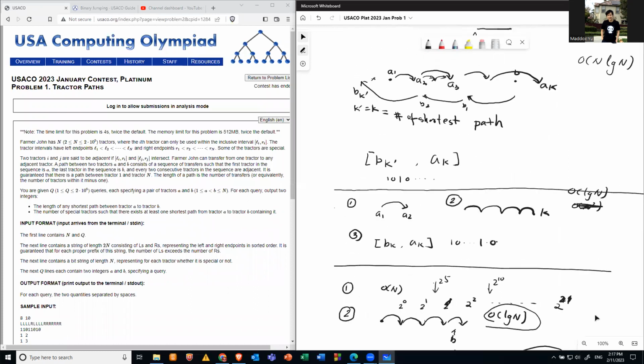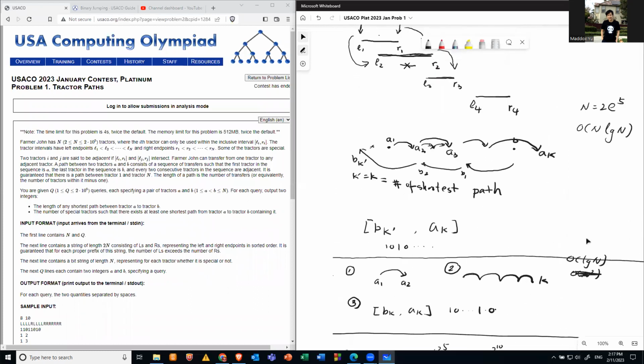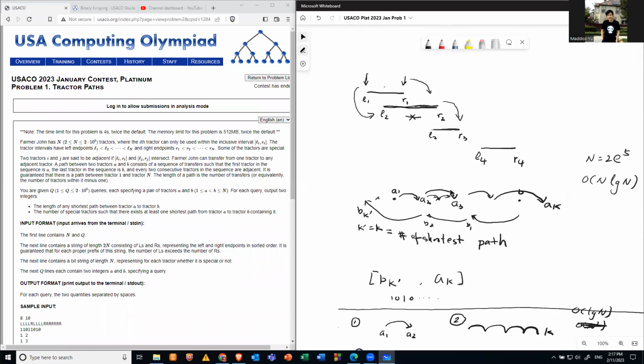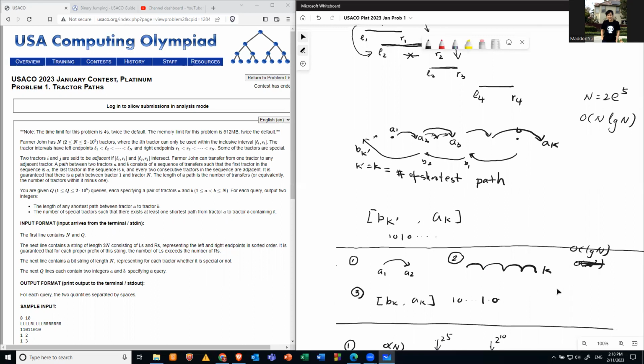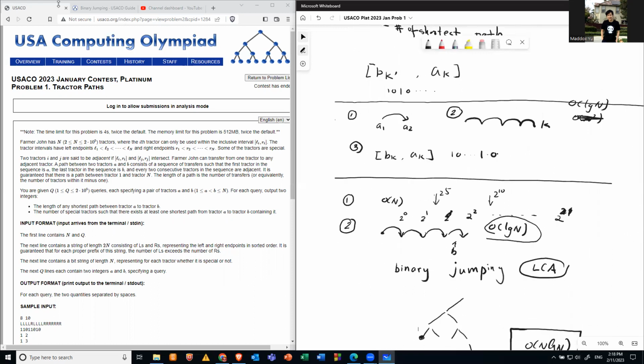So to summarize, you can call this greedy or 1D dice jump. It's a sensing. So you do this. That is your approach. Find A and find B. And then the only tricky thing is how do I do this in log n by using binary jump?